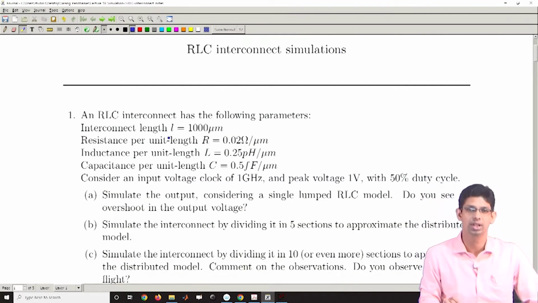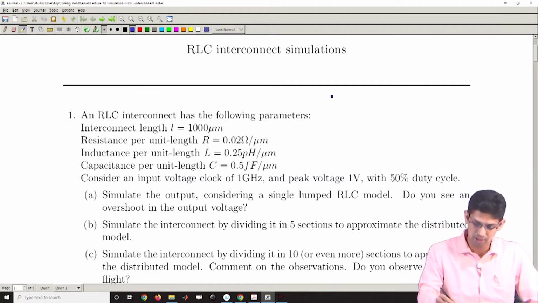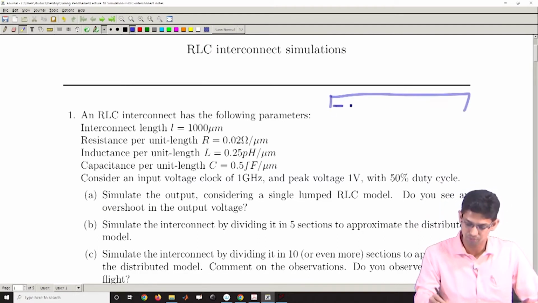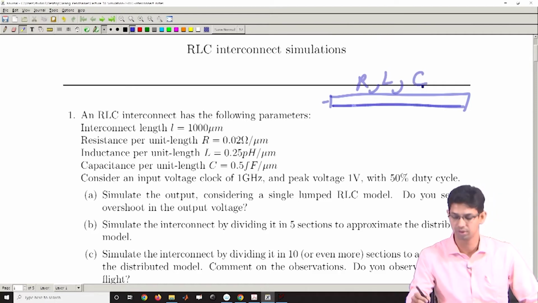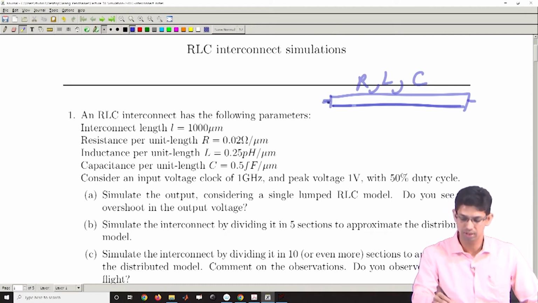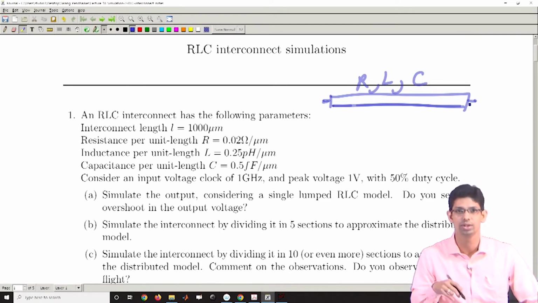Some parameters are given to you, an RLC interconnect is given to you. It has resistance per unit length, inductance per unit length and capacitance per unit length. To keep things simple, we have ignored the driver resistance and the load capacitance, but after going through this lecture you should be very easily able to incorporate those into your simulations.